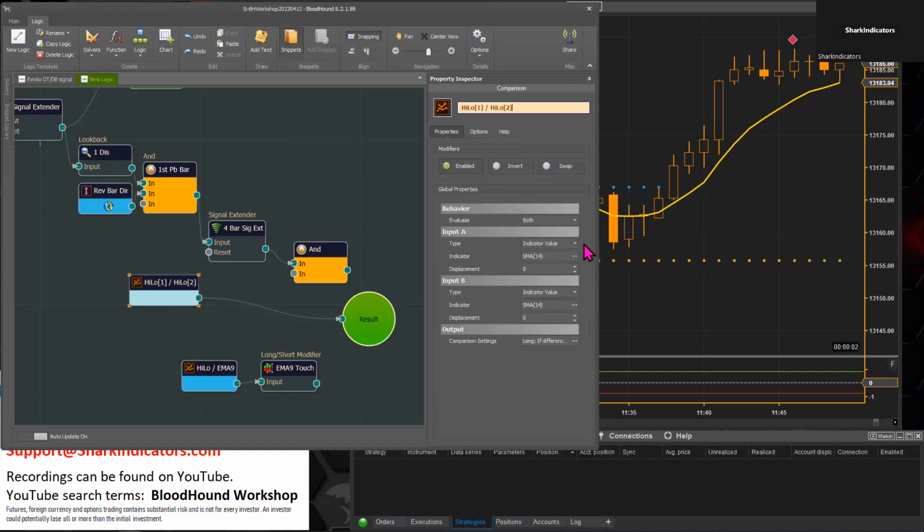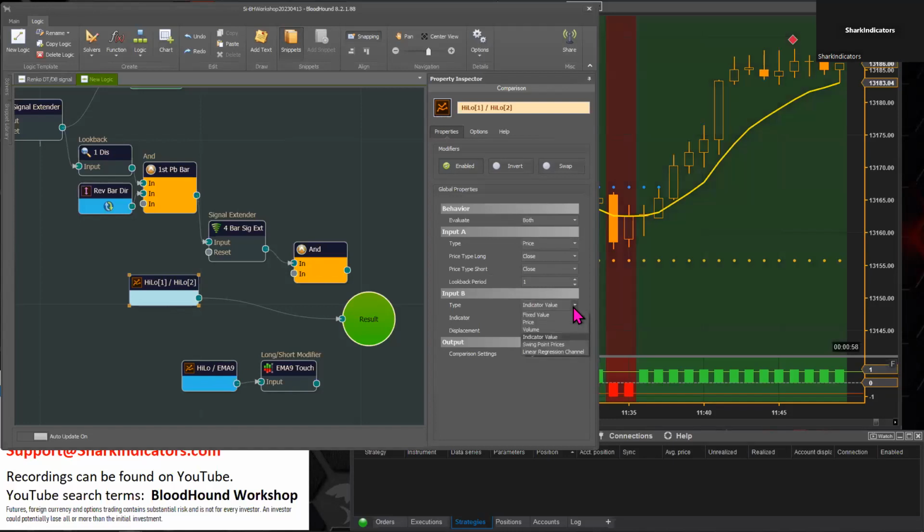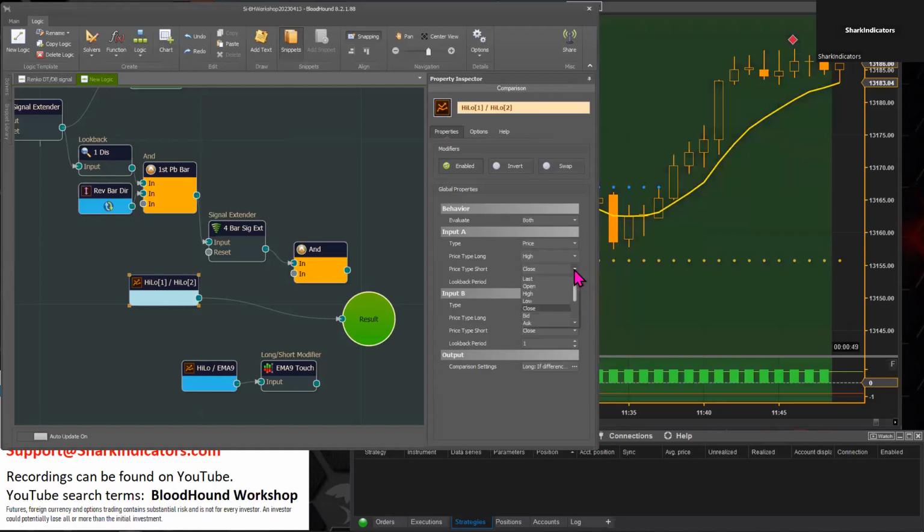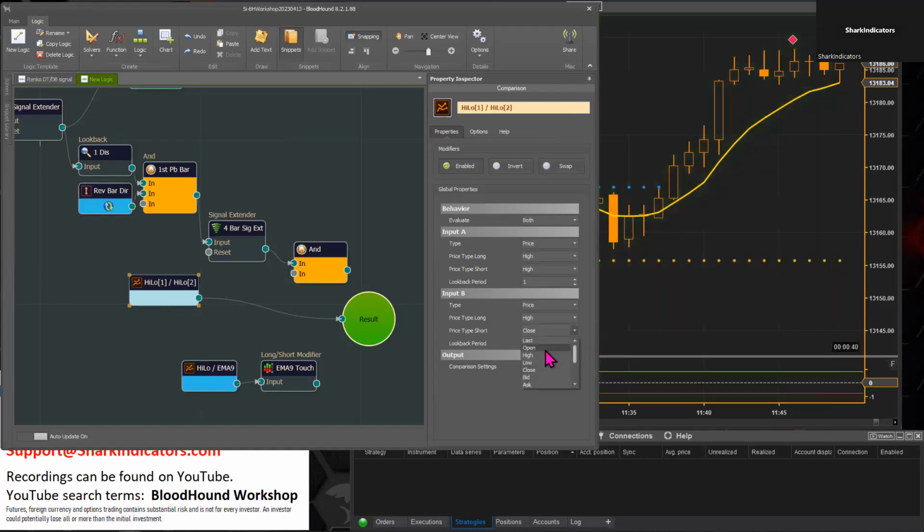All right, so input A is going to be price. Input B is also going to be price. For a long signal, we're looking at the high of the bars, and for a short signal, it's the opposite. Then input B is going to be one bar back, so we're going to adjust the look back to 2.